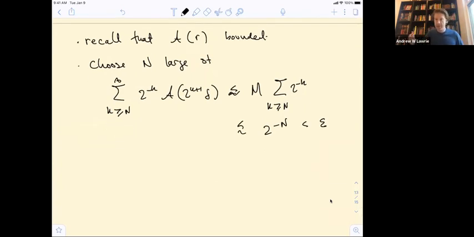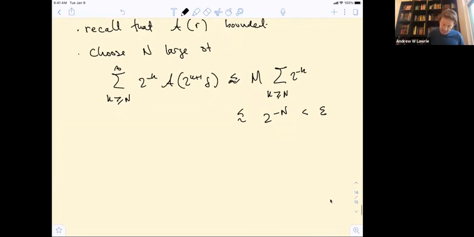So pick epsilon, give me epsilon, I'll fix such an n, capital N. So fix such an n.